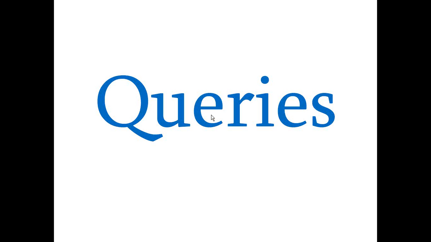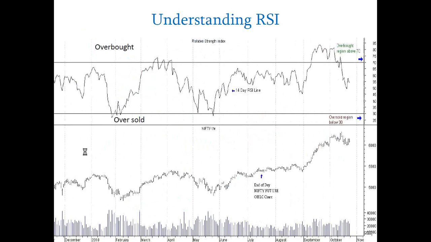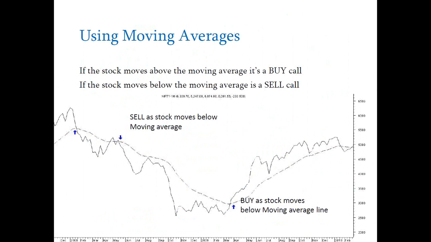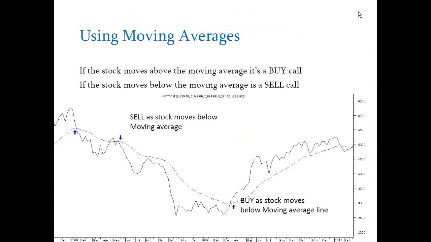Okay, there is another question which says to explain about moving average. So let me go back to the moving average slide and explain to you what moving average is. Simply stating, a moving average is a line which moves along with the stock or the underlying asset.